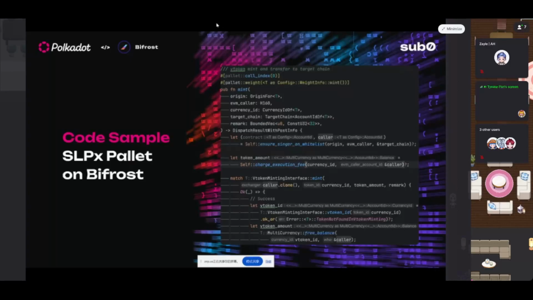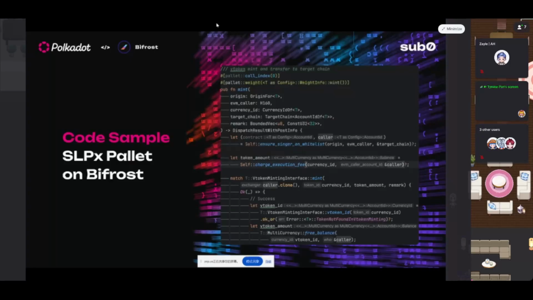The first one is the currency ID, which is the token that they're linking to, and the target chain, maybe Moonbeam, with some remark.